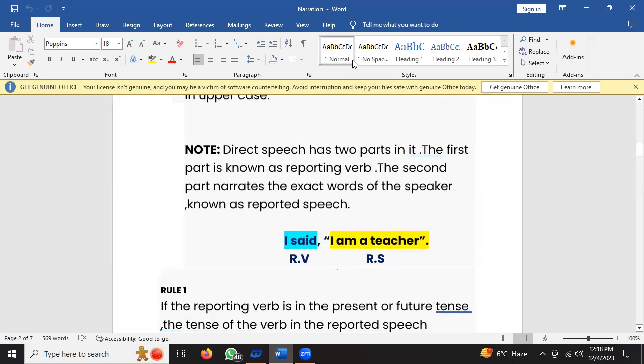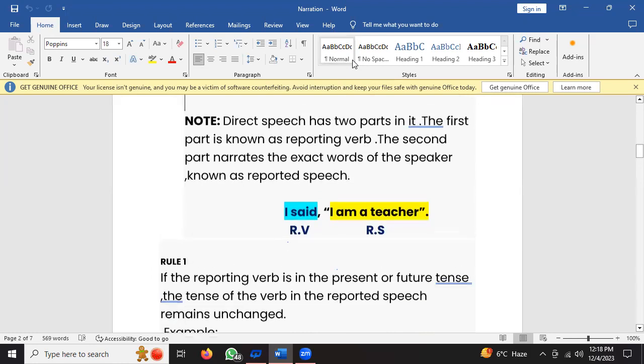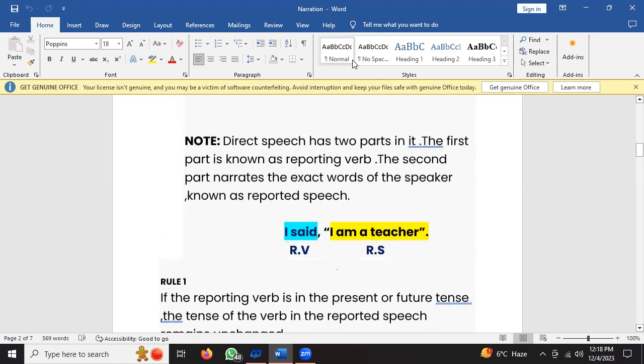Now this is the beginning. I was dealing with the introduction. This whole topic belongs to the introduction of direct and indirect speech, which we call narration, right? So let us understand the portion which I have highlighted here. In direct speech, there are 2 elements or 2 halves in the sentence.